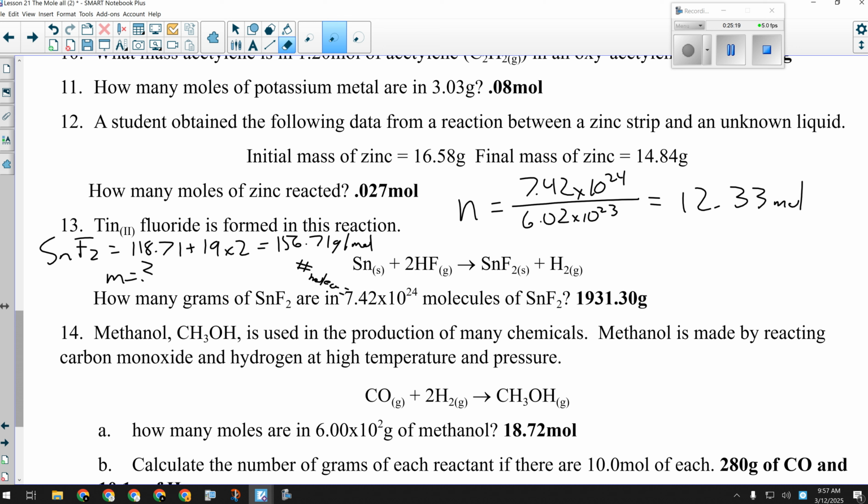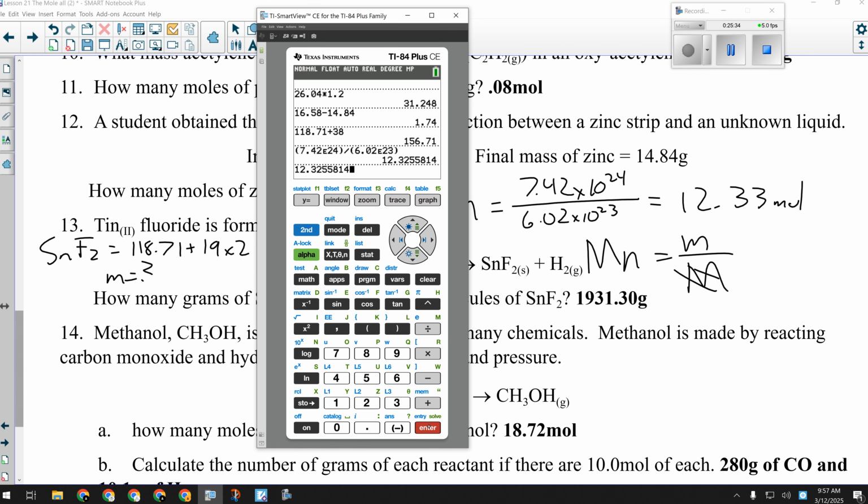Now I have n and I have big M. n equals little m over big M, so I multiply both sides by big M. I take that 12.33 and multiply it by 156.71, and that should give me 1,931.5.